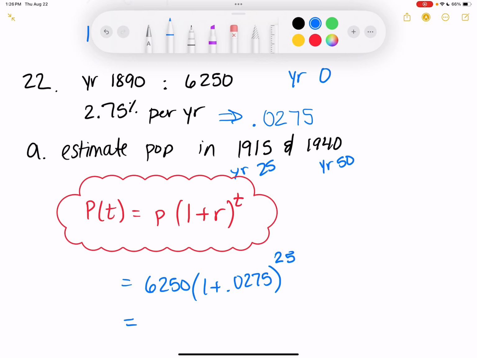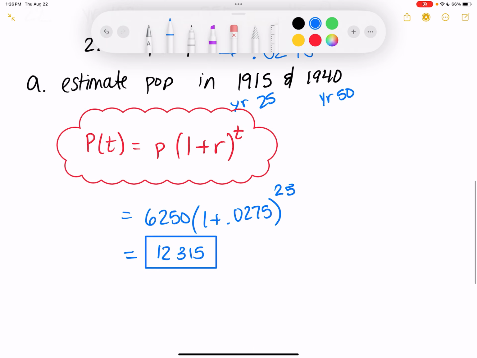Well, it's people, so we need to round to a whole number. I hope it is right. 12,315. There we go. So that was in the year 1915.